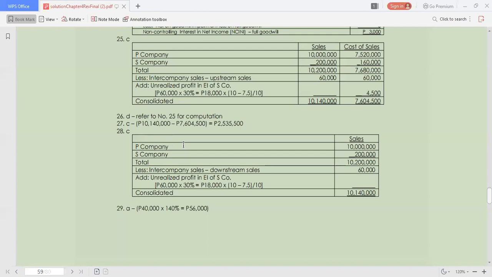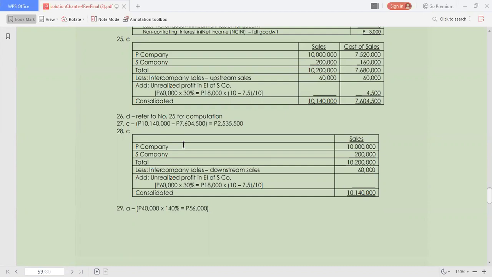And during the year, Patty sold merchandise to Shannon for 60,000 at a price based on the normal markup. So we are now deducting 60,000 for the intercompany sales.